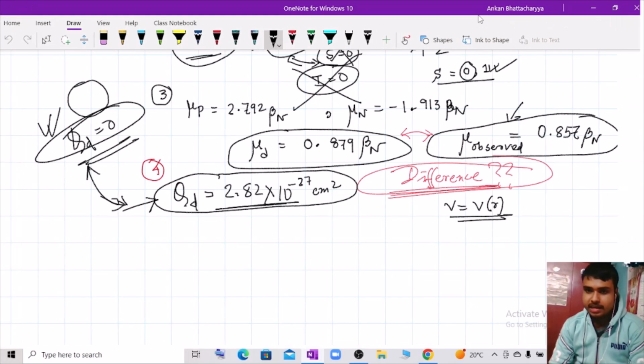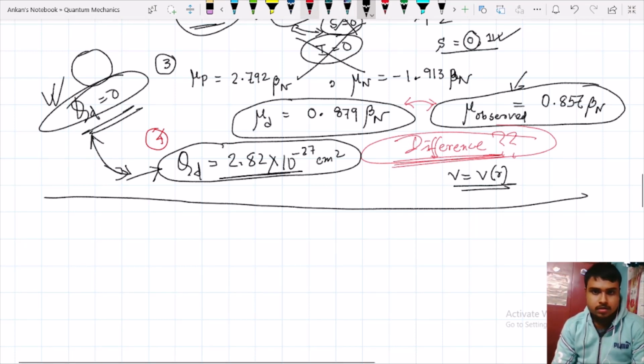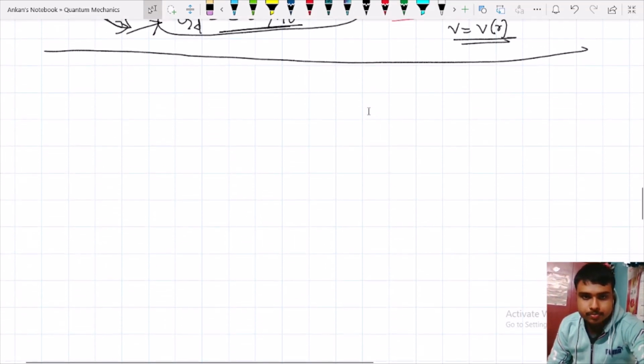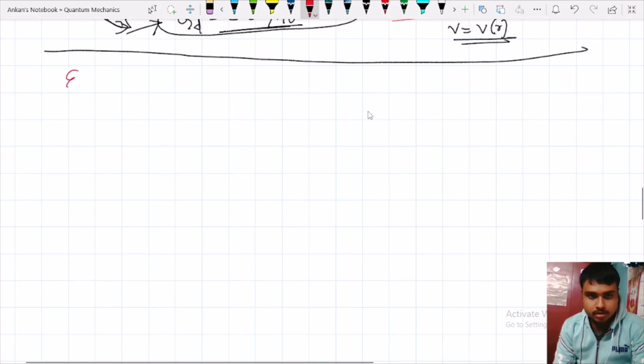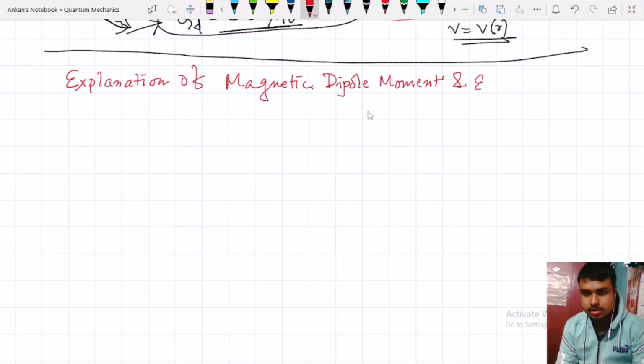Now my aim is to try to give an explanation regarding these discrepancies. So put the heading: explanation of magnetic dipole moment and electric quadrupole moment.